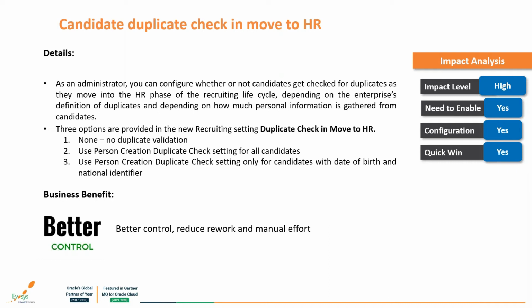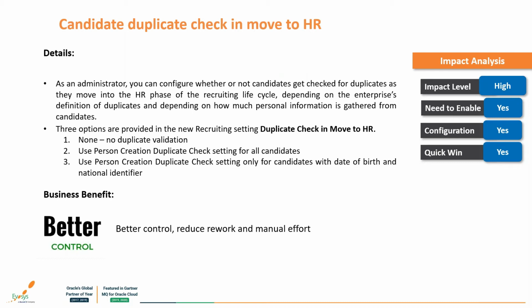In short, this configuration option provides more granular control in adopting the feature. The new feature, candidate duplicate check in move to HR, places less burden on users who are responsible for external candidates, which is basically our hiring team.